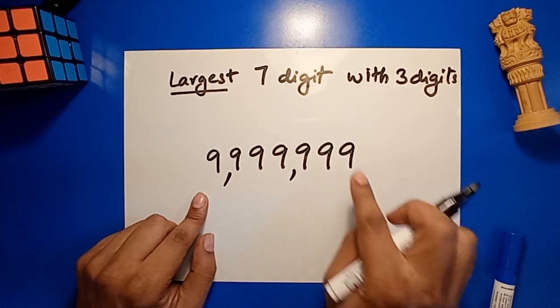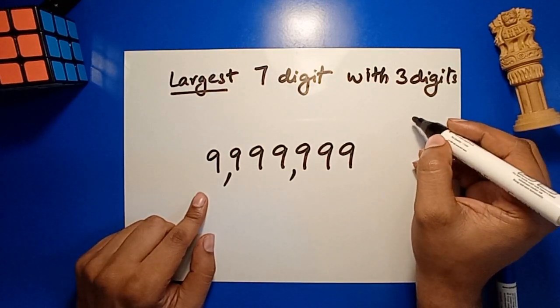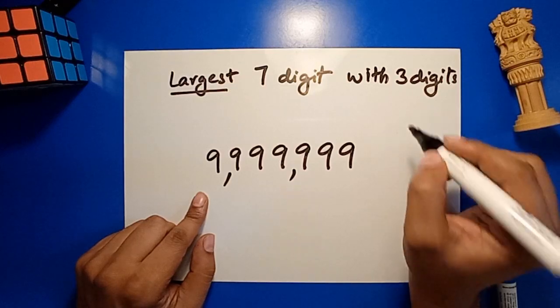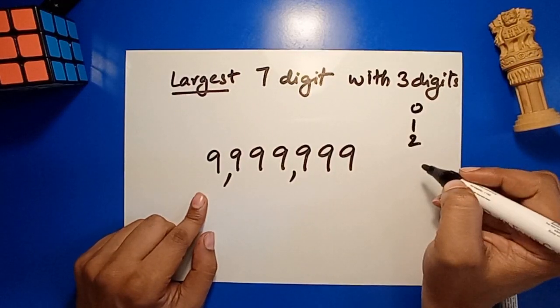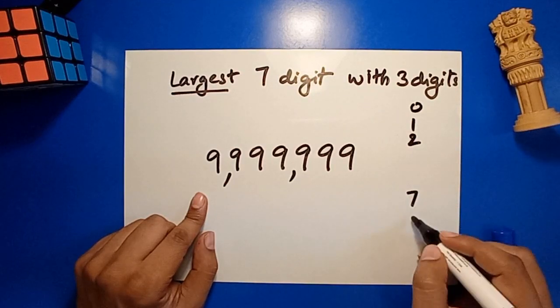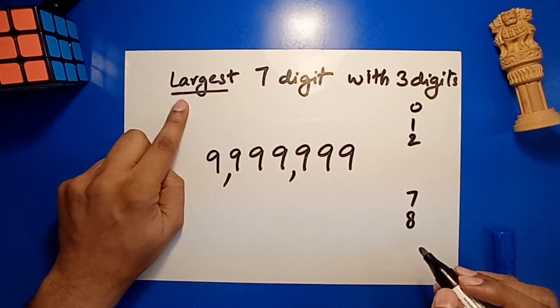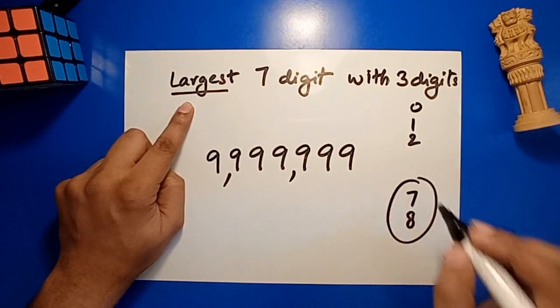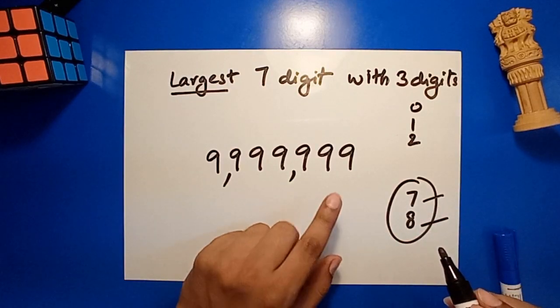So everything is a single digit. I have to use 2 more digits. What other digits will I use? Will I use 0, 1, 2, or will I use 7, 8? The answer lies in this keyword, largest. So definitely I am going to use the larger digits. Where will I use them?